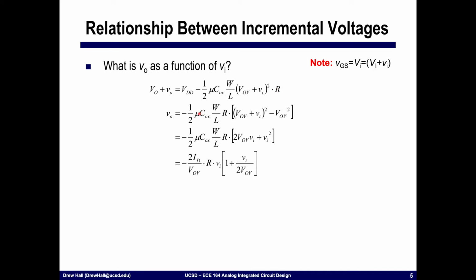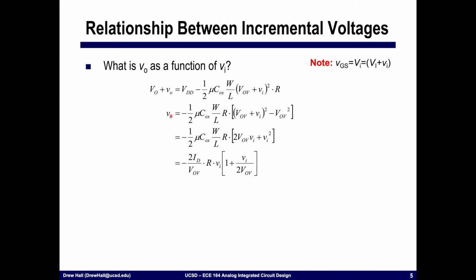If I take away the DC operating point, that is, I look at only the small signal response, I can massage this expression. Okay? And I can calculate what Vout is by moving VOV back over here. And so essentially what I'm doing is I'm first calculating the DC operating point. And once I've taken the DC operating point, now I'm looking at only the small signal response of the circuit.